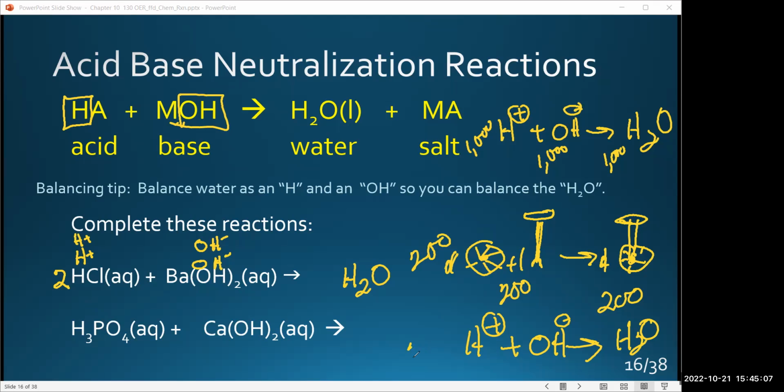If I have 200 protons, I'm going to need 200 hydroxides, which will give me 200 water molecules. With that being said, if I have 2 protons and 2 hydroxides, how many waters am I going to make? Exactly, 2. Now we're getting somewhere.